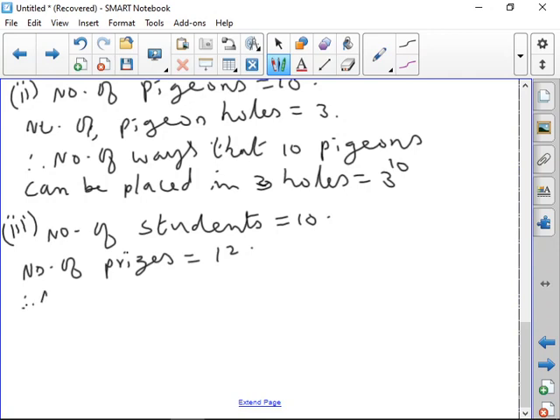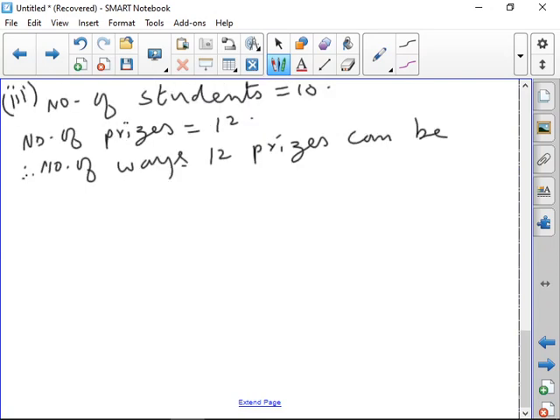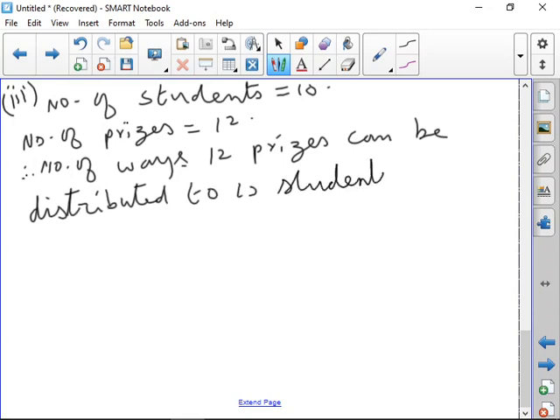Therefore number of ways 12 prizes can be distributed to 10 students is equal to 10 power 12.